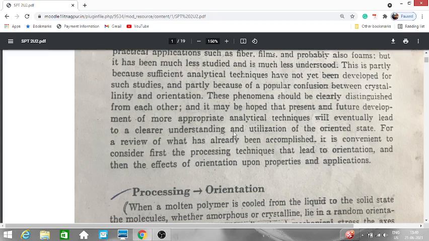For a review of what has already been accomplished, it is convenient to consider first the processing techniques that lead to orientation, and then the effects of orientation upon properties and application.